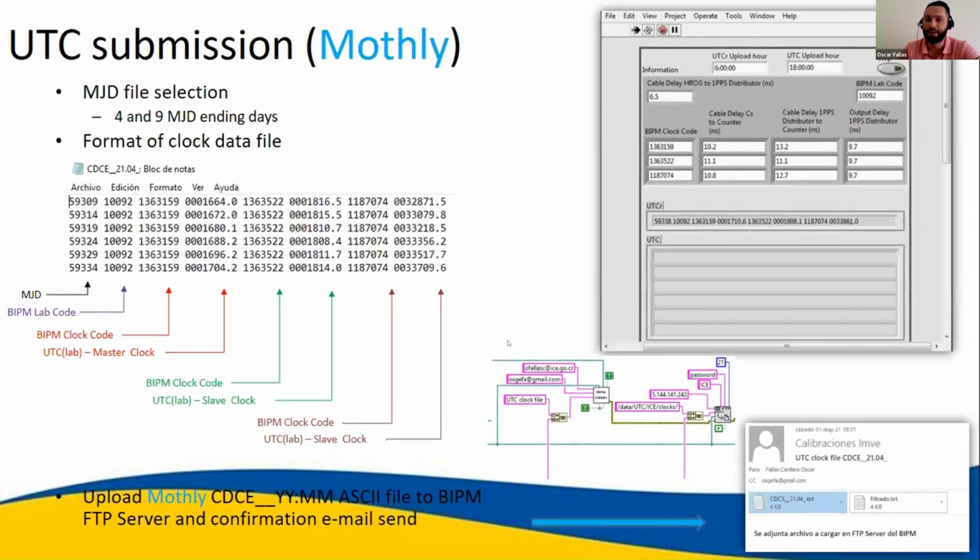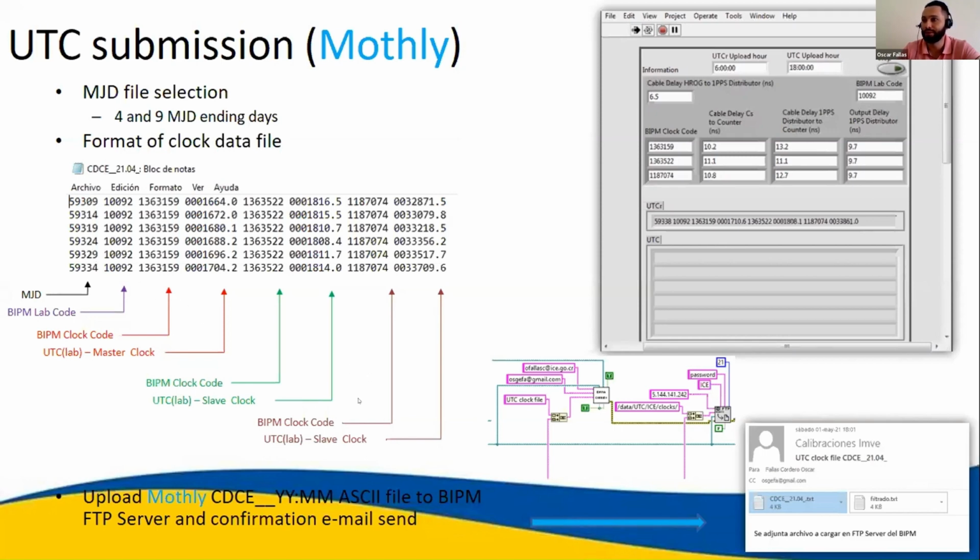A pretty similar routine is used for the UTC submission, with a couple of differences. First, this routine runs on the first day of the month, and what it does is look for the days of the month before and look up the 4 and 9 MJD ending days, take that data from the raw data, apply the corrections again, and create the file following the same structure from the BIPM.